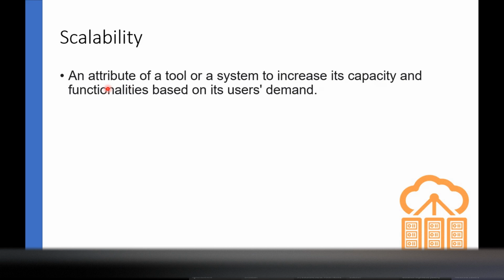Increase its capacity and the functionalities. Now what are the functionalities? The system should be scalable. Scalable means, currently you have, say, 5 functions in your system. Think it's a small library management system with just 5 functions: borrow a book, return a book, find, likewise a few functionalities.